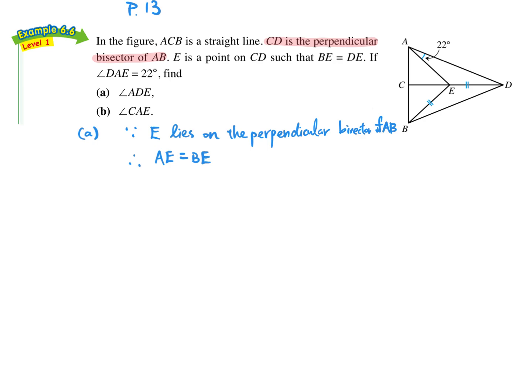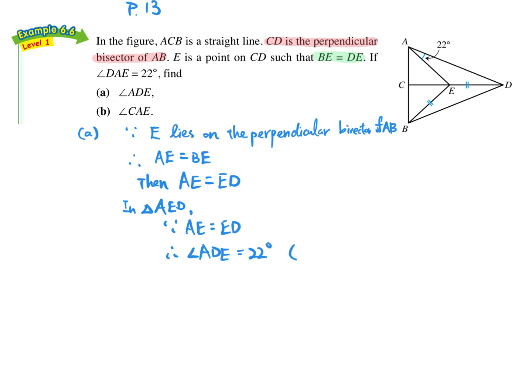And hence, AE equals ED, because in the question we will know this condition. And then in triangle AED, it is an isosceles triangle because AE equals ED, and hence angle ADE will be equal to 22 degrees with the base angles of isosceles triangle.